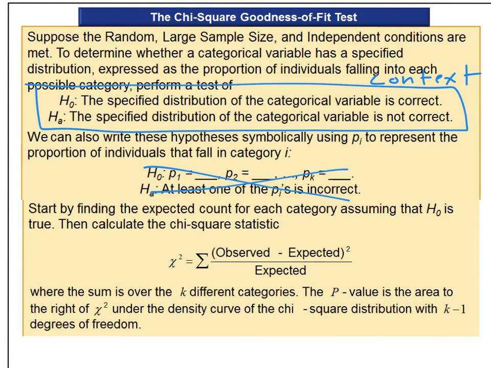H0 will basically say that the observed counts we have match the expected. And HA is basically going to say that the observed and expected aren't the same. It doesn't specify at all what the distribution is.